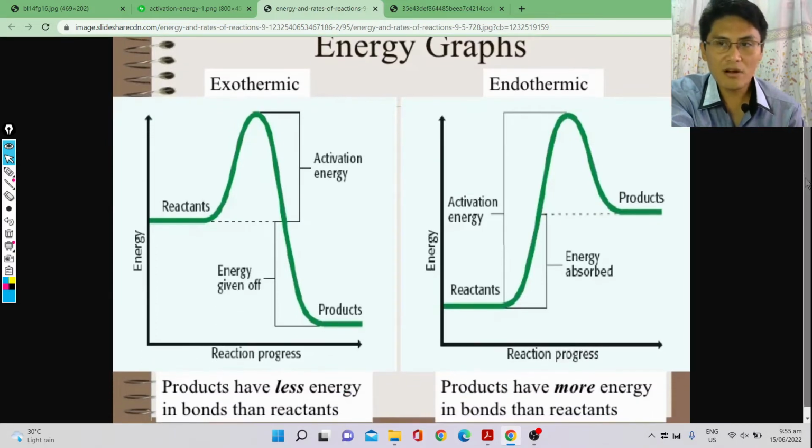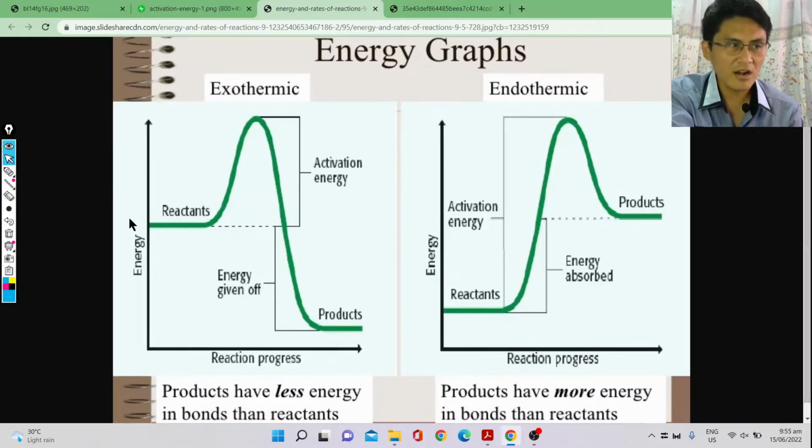If you notice, these two graphs are kind of different. The similarity is that you still have an activation energy, so you still have to comply with this activation energy for the reactants to proceed and form the products. But the difference is, here the energy of the reactants is higher compared to the energy of the products.